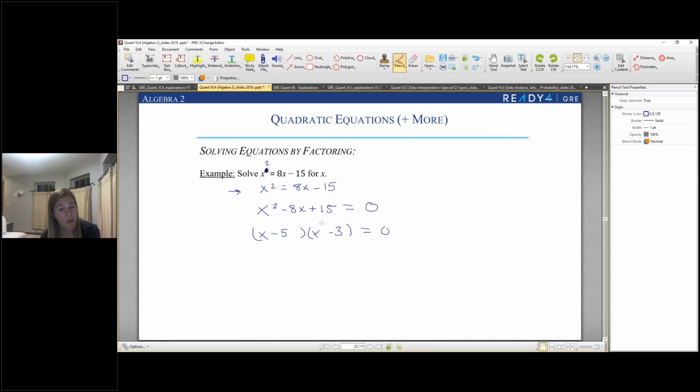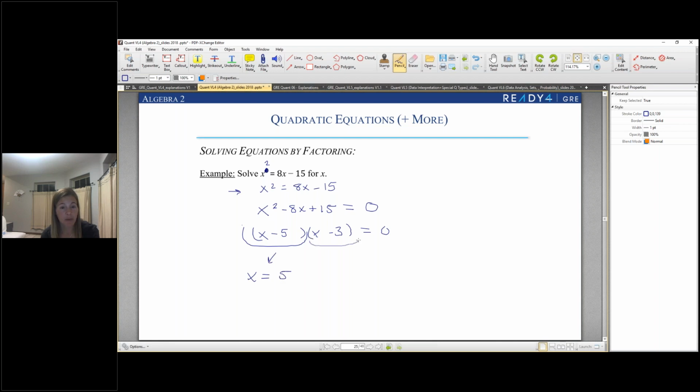Cool. So remember that to get a 0 by multiplication, one of these terms has to be 0, right? So either this parentheses has to equal 0, or this parentheses has to equal 0. So if I want this parentheses to equal 0, x is going to be equal to 5, right?